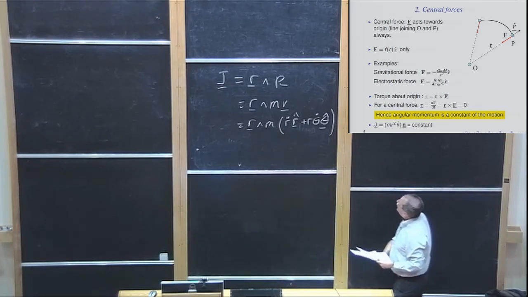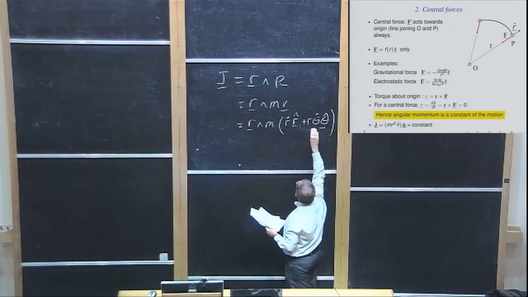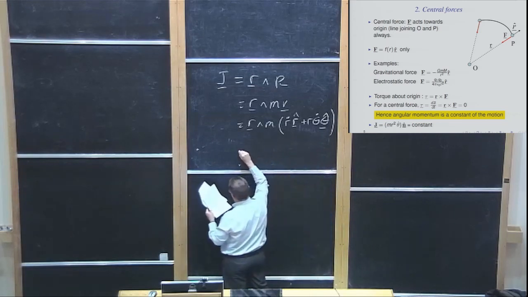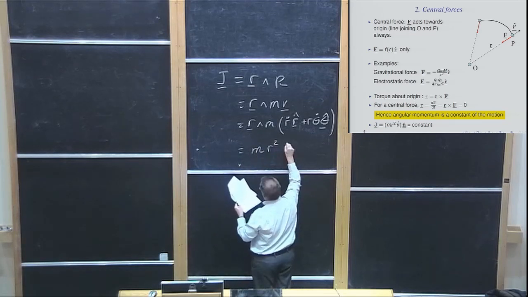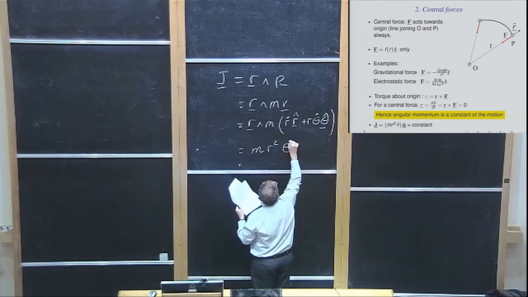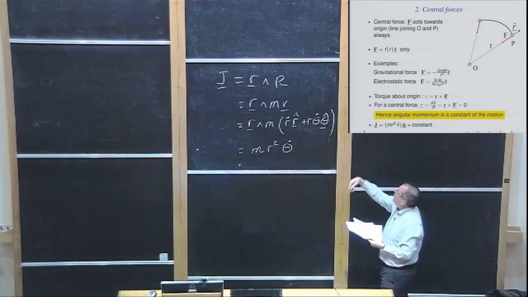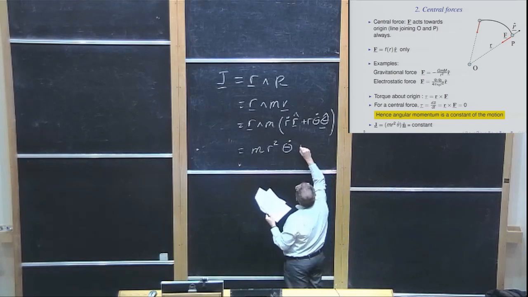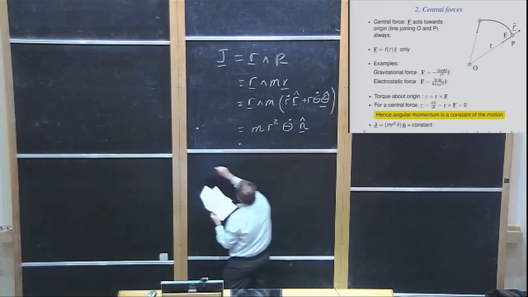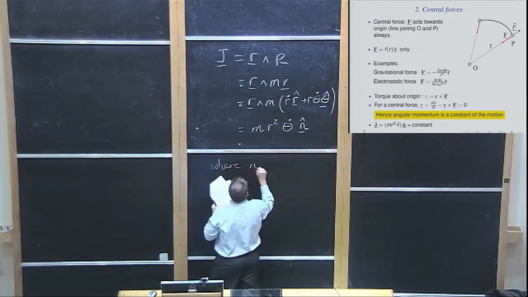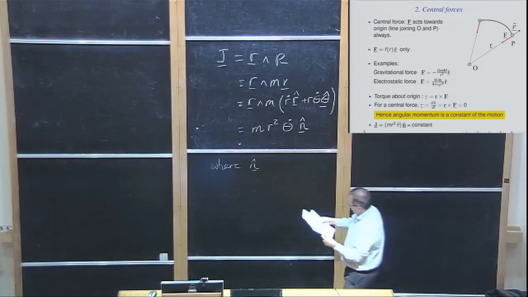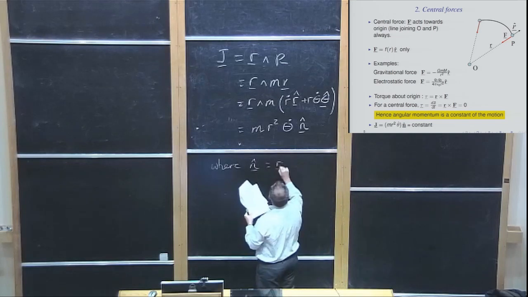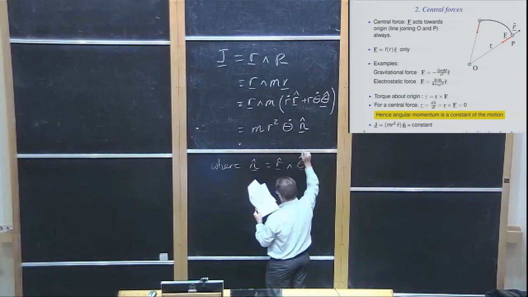That will clearly vanish, and we'll only be left with the second term. So we get m r squared theta dot, and we've taken a cross product, so what we end up with must be a vector. This is the magnitude, this is the direction, let me call it n hat. What is n hat? Well, n hat is a unit vector which must be perpendicular both to r and to theta hat. n hat is r hat cross theta hat.